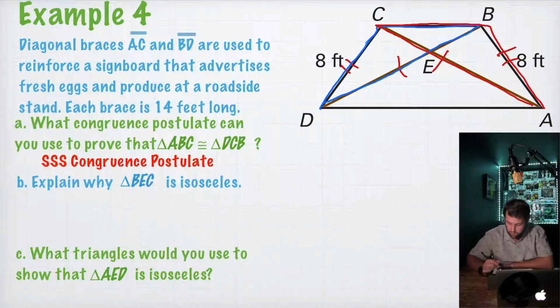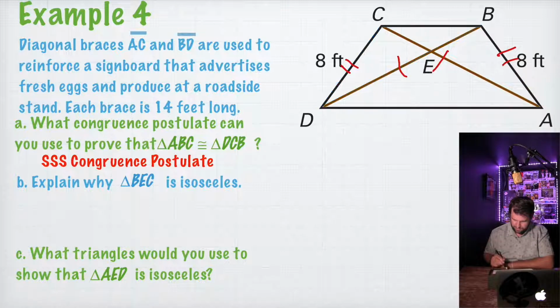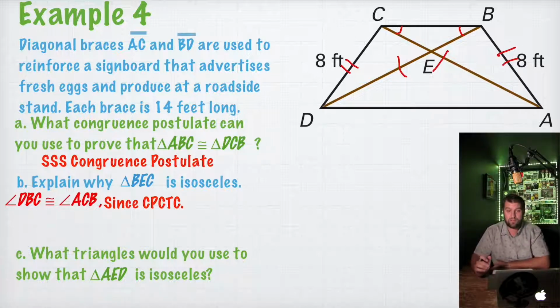Therefore, we know that since those two triangles are congruent, that angle C and angle B would also be congruent because corresponding parts of congruent triangles are congruent. I'm going to erase these triangles now. But we know that these two angles are congruent. So let's go ahead and write that down. DBC is congruent to ACB since corresponding parts of congruent triangles are congruent.